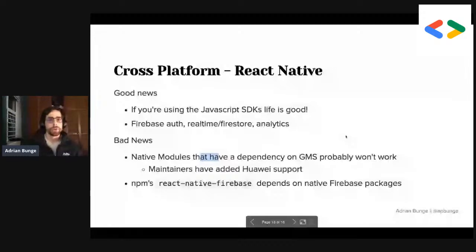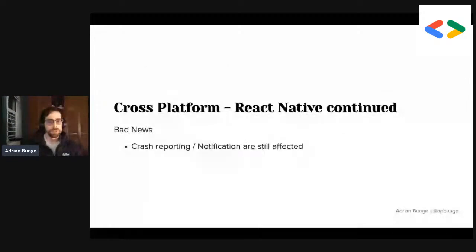Right. So the bad news for React Native is that crash reporting and notifications are still affected. Notifications are a native thing, and because they are provided through the Play Store or Google Mobile Services, that's out.